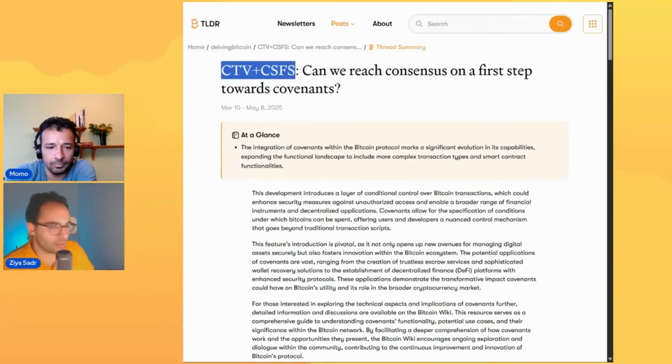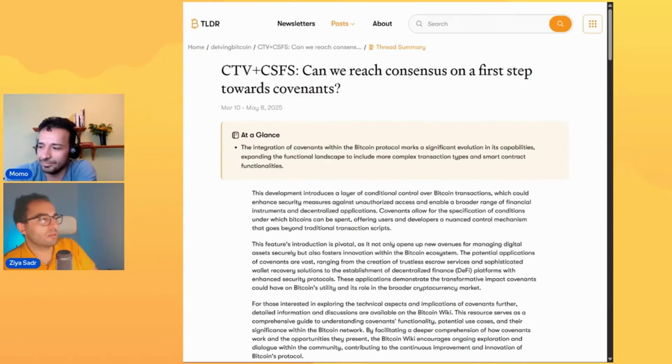This is not set in stone, definitely, and it could change in the future. But now I think this is the most that we came to an agreement in the Bitcoin community on some kind of a stack of technologies to be enabled for covenants.